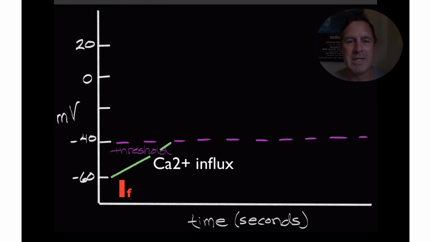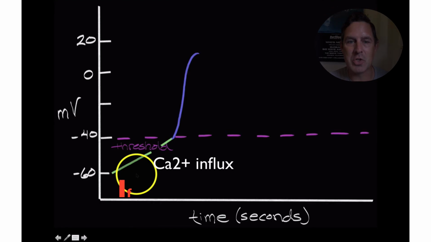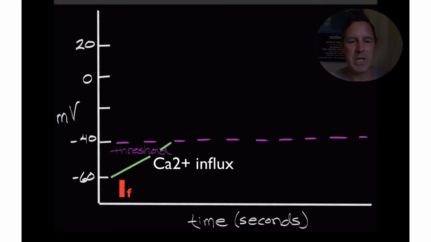Influx of calcium continues this depolarization event. So let's just suggest the first half is the result of these funny current channels with sodium coming in, to initiate the depolarization. And then that is finished off by a little bit of calcium coming in to continue that depolarization up to threshold or up to negative 40 millivolts.